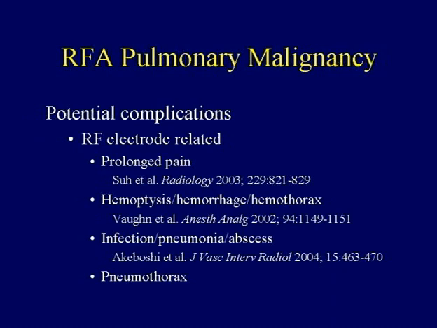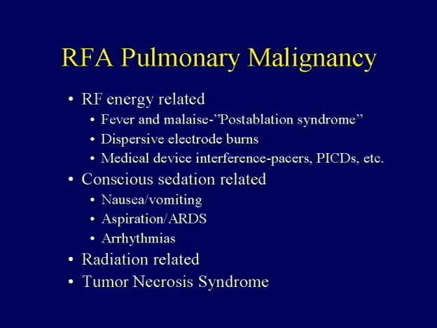And then, as with any intervention, infection, pneumonia, and abscess down the line, and pneumothorax that we'll talk about in a moment, because in fact there's always an intraprocedural pneumothorax, a significant pneumothorax being one that requires drainage by the time the patient would normally be discharged.